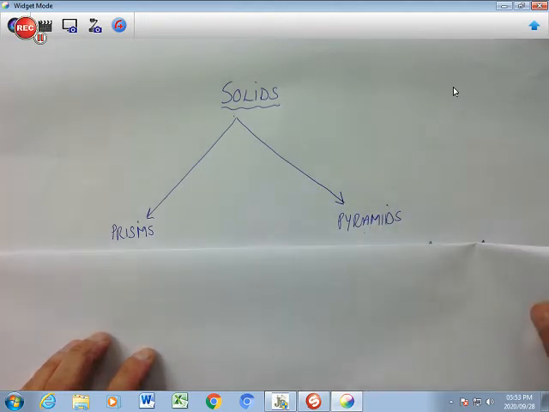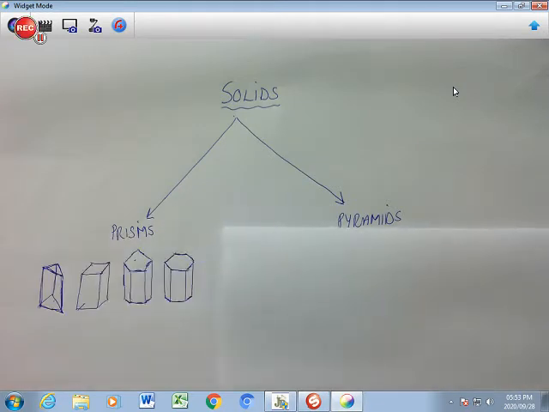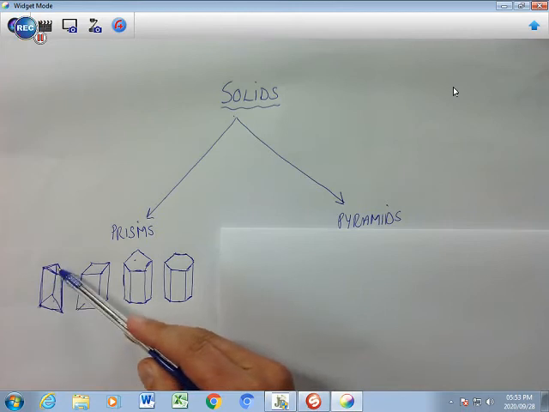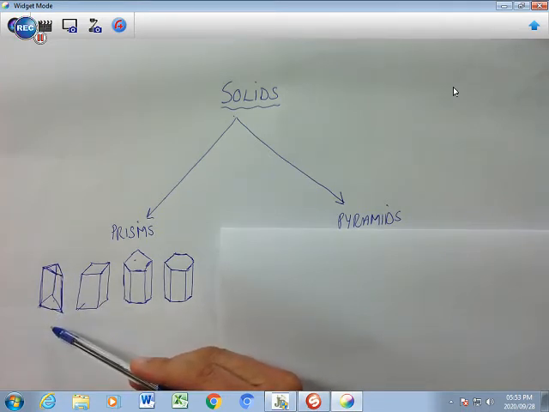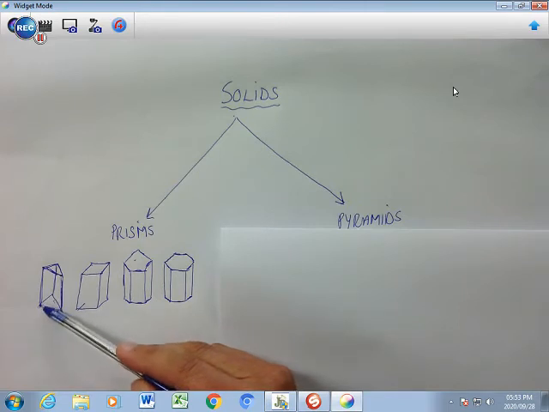So if you're going to look at a few examples of prisms, we will find that the shape of the bases, the top and bottom base, actually determines the name of the prism. So in this situation we have a triangle as a base, which we call a triangular prism.